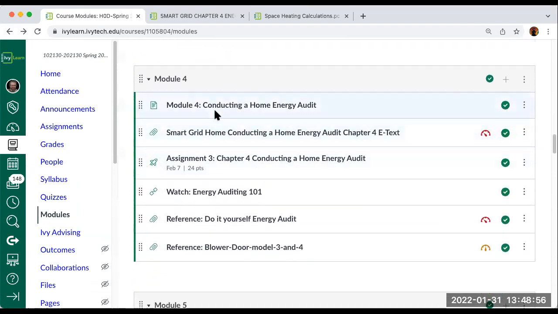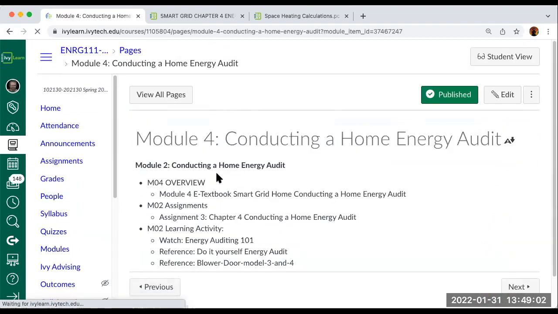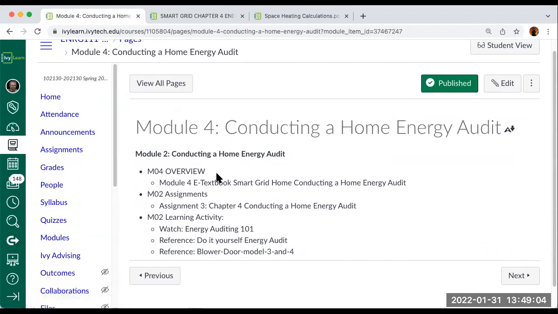And then that's going to bring us into our next section, module 4. Module 4 starts to bring us into an energy auditing outlook. So module 4 has an e-textbook. This is from the old book that we used to use.